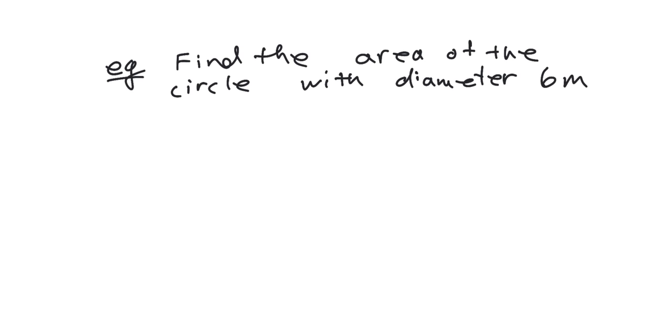So what that means is we have a circle that looks like this. We have a line that goes across and it looks like this, 6 meters.